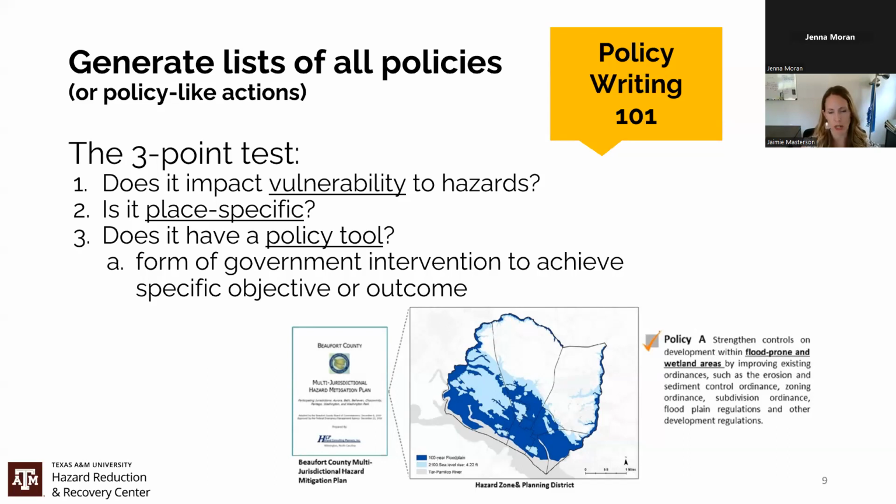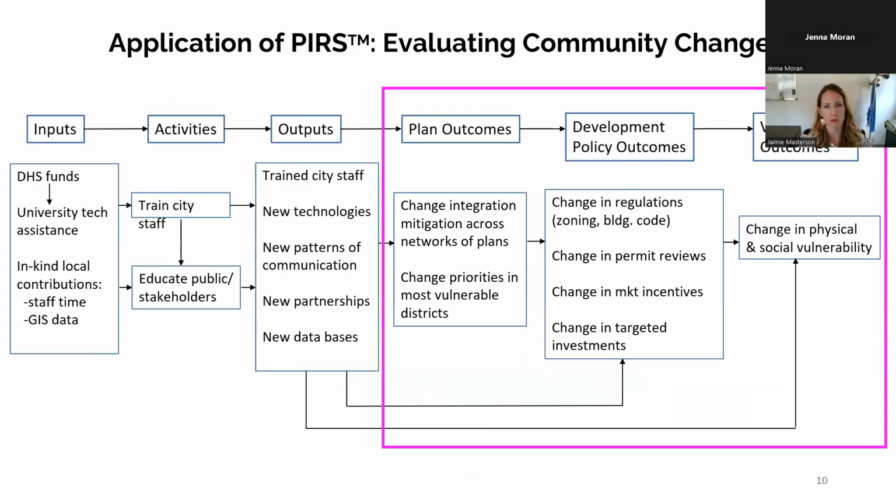I'm not going to go into the nitty-gritty there, but these are the key elements we're looking for because they all play a role in making sure that the actual action is going to be implemented. It's not just fluff, and we can also relate it to different parts of the community and how it might impact different hazard zones.